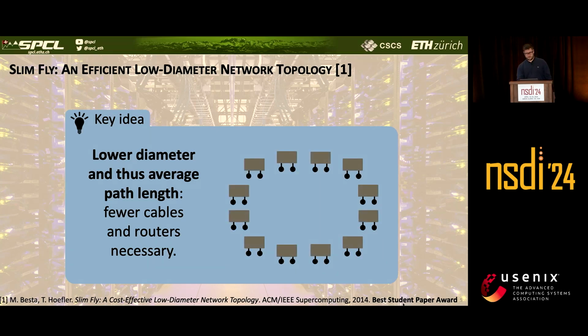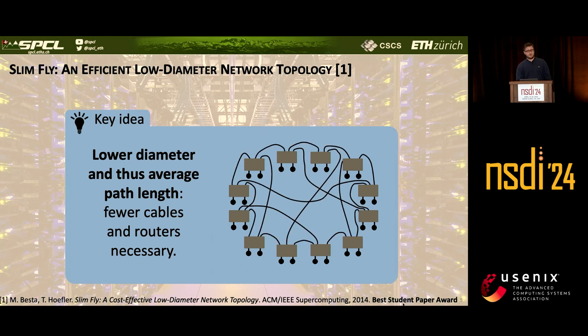How is this actually achieved in practice? Well, let's see, here we have a bunch of switches and endpoints that are connected with some topology. And what we do is basically reducing the number of routers and connecting them more densely to the endpoints. So if we have in this example 2 endpoints in red that are communicating with each other, currently that path has a length of 3 hops, right? So 3 inter-switch hops that the data needs to traverse.